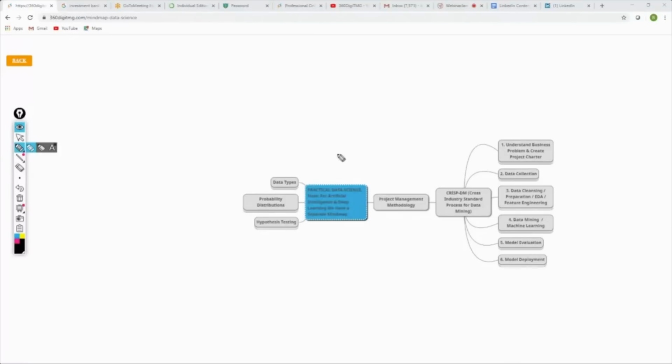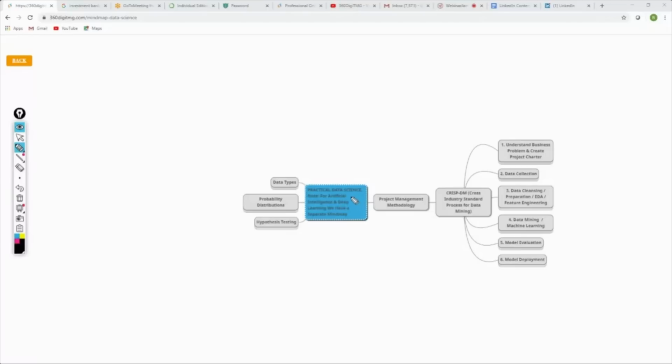Yesterday, we started off by discussing project management methodology. Within that, we started discussing a specific project management methodology called CRISP-DM. CRISP stands for Cross Industry Standard Process for Data Mining.